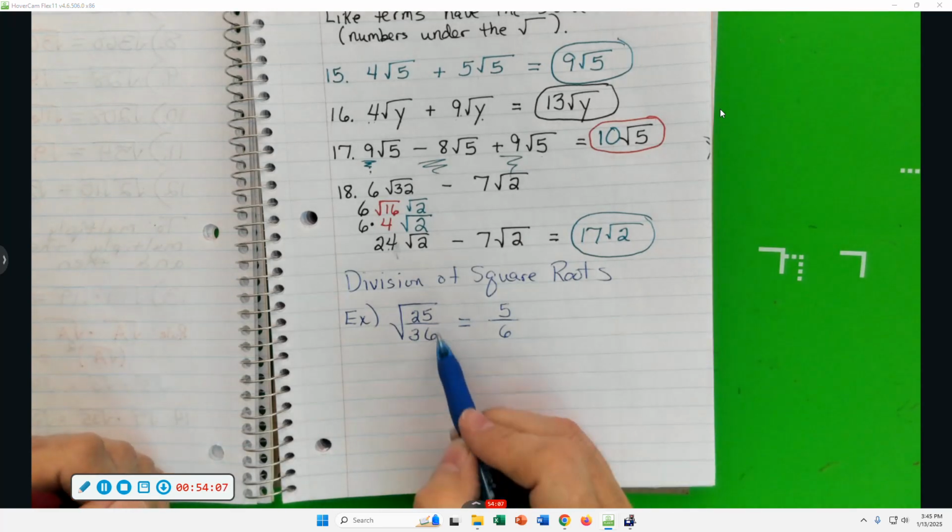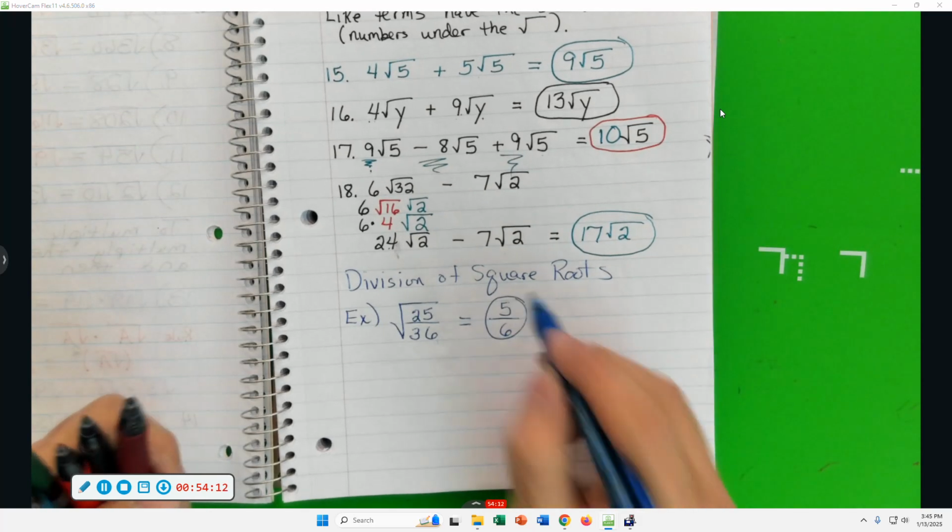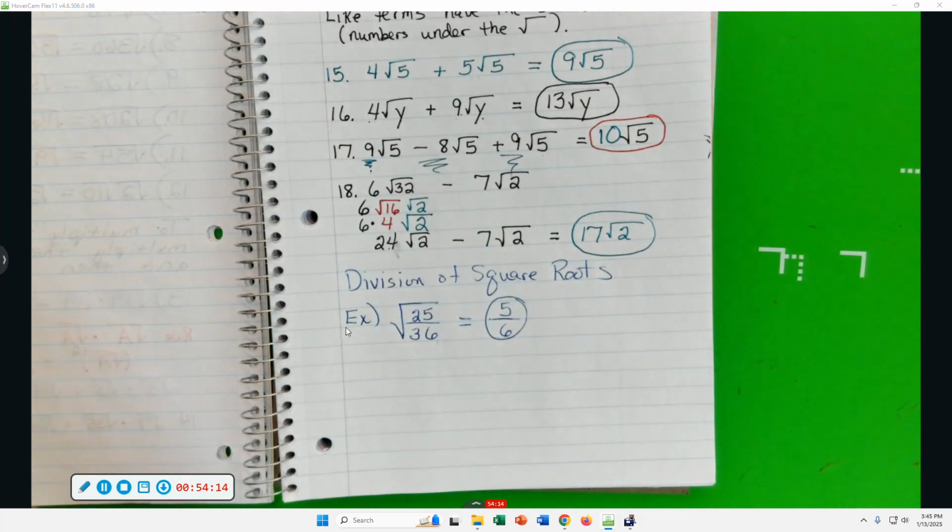If both of the numbers are perfect squares, then it's quite easily done. You just take the square root of the top number over the square root of the bottom number. The natural question to ask is, how do we do this if, show that problem again that we're about to do?